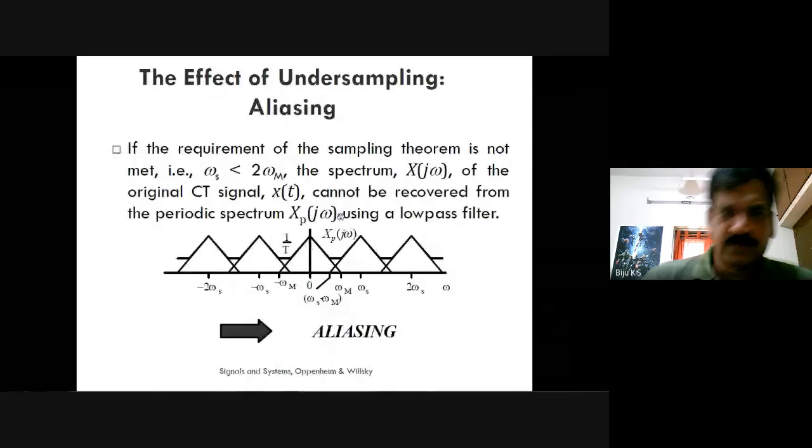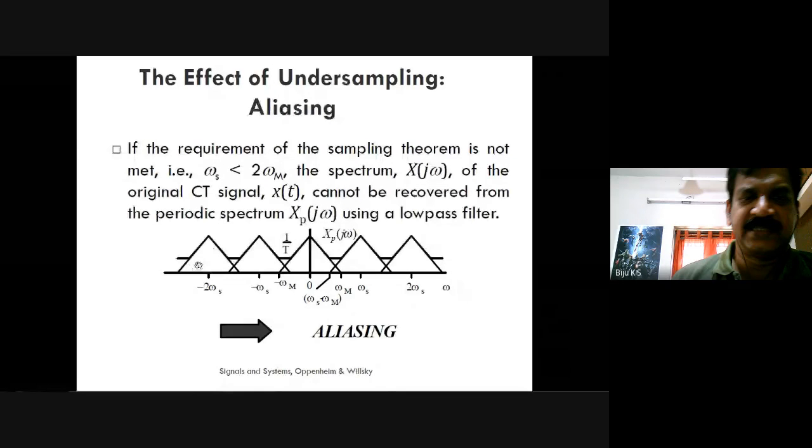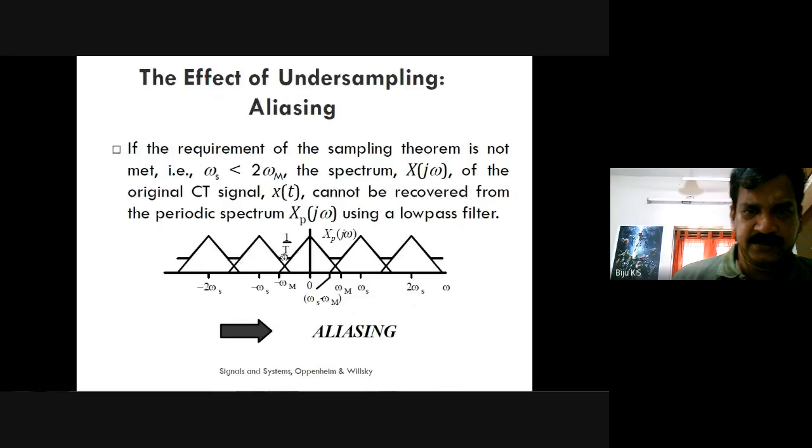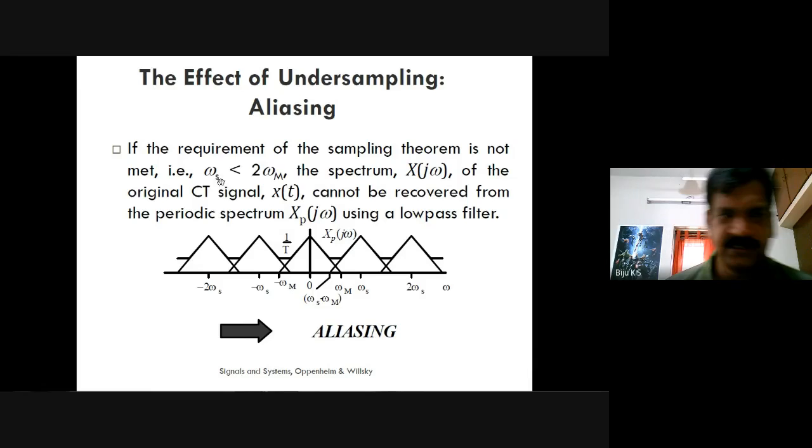Overlapping means the resultant spectrum has a different shape from the original spectrum. Normally, if fs is greater than 2fm, there will be a replica of the original signal. Now it overlaps, so there will be aliasing.